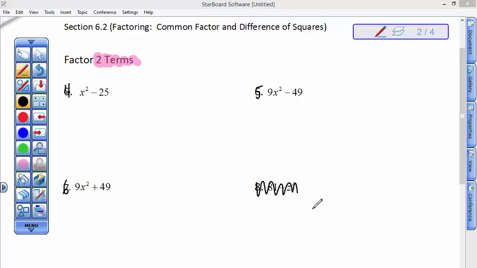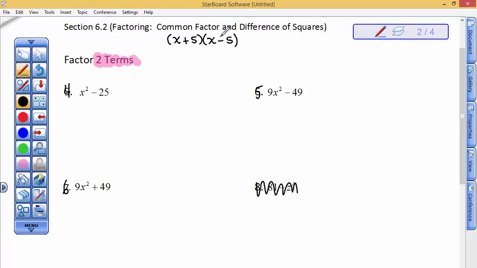And I just want to remind you, see this problem right here? When you take a binomial x plus 5 and multiply it by a binomial x minus 5, those are called the sum and difference of like terms.